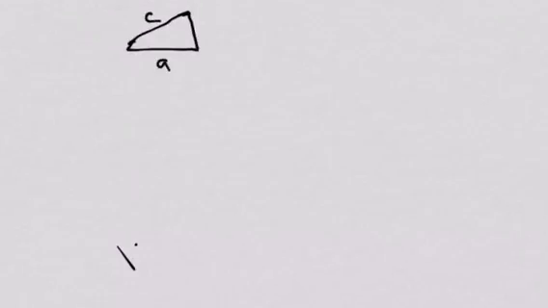I'm going to call that C, that A, and that B. If it was a right triangle, it would be a squared plus b squared equals c squared. That's the Pythagorean theorem. It's not a right triangle. Let's drop a little altitude there, and let's call this little sliver x. Let's call this segment h, the height of the triangle.